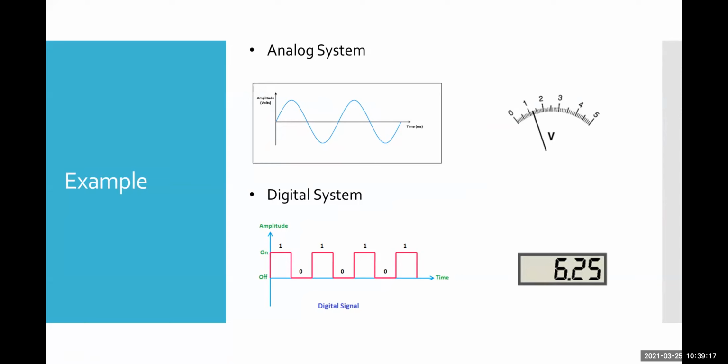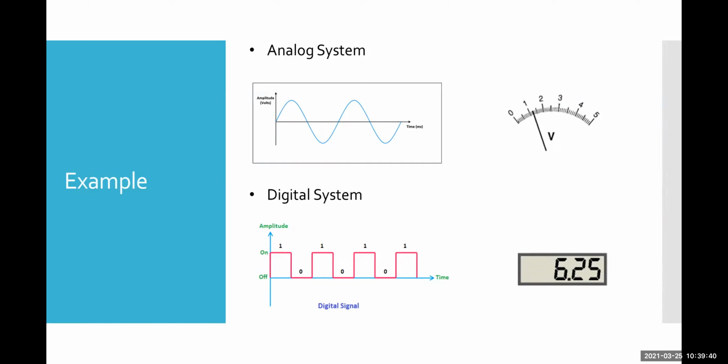In the older automobile systems, generally in the speedometer, there is one scale. If you are increasing or decreasing the speed, the scale will move on the dial, like starting speed is 40 kilometers per hour, then 50 kilometers, 90 kilometers. So the scale will respectively move on the dial.